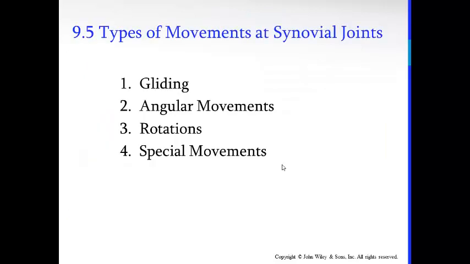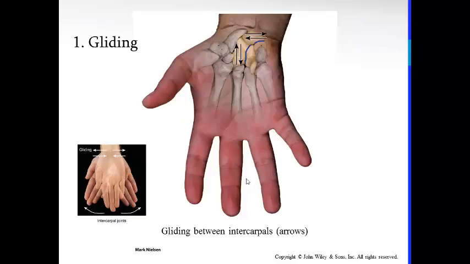Now let's take a look at the different types of movements at our synovial joints. Our synovial joints are diarthrosis because they allow us to do a lot of movements freely. We'll take a look at gliding, angular movements, rotations, and several special movements. First, gliding. We can see gliding, for instance, in our intercarpal joints.